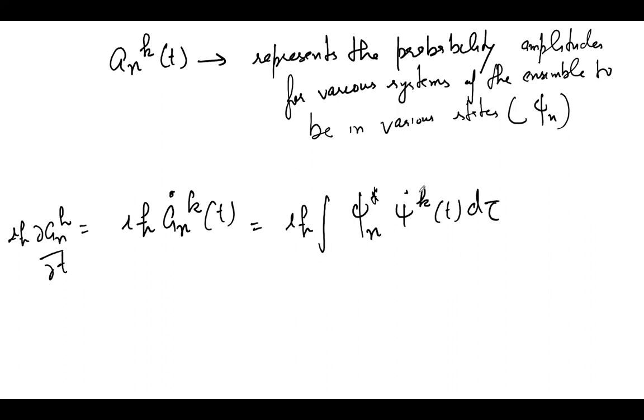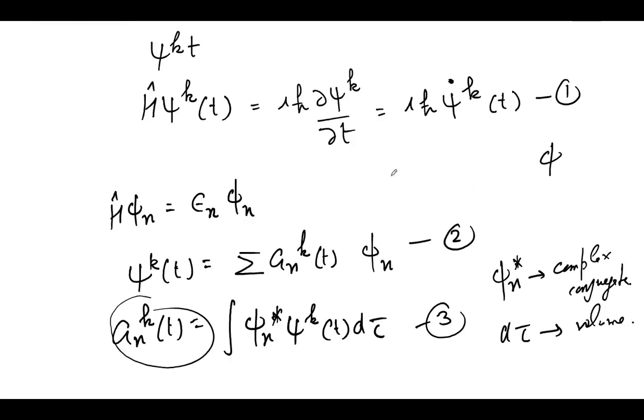From equation number 1 we can find the value of psi dot k of t, which is equal to 1 over i h bar times H operator on psi of k t.